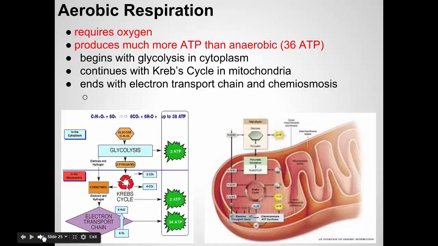The overall net gain of ATP varies a little bit, but it produces 36 to 38 ATP molecules for each glucose that goes in. So that's far more than were produced in fermentation and anaerobic respiration.